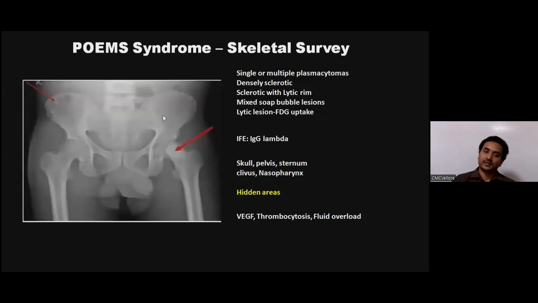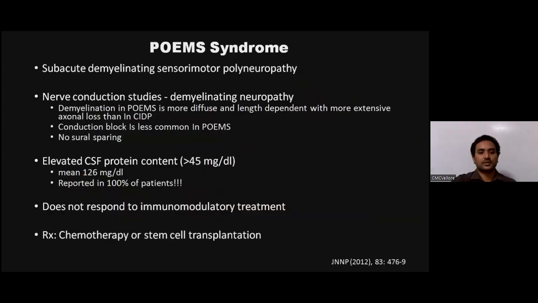Another clinically practical point, when going for bedside consults: keep in mind that in refractory CIDPs, VEGF we won't ask the first time, but there can be associated thrombocytosis. We should rule out other causes of neuropathy with thrombocytosis and fluid overload. We should be aware that it could be something else, related to paraproteinemia.